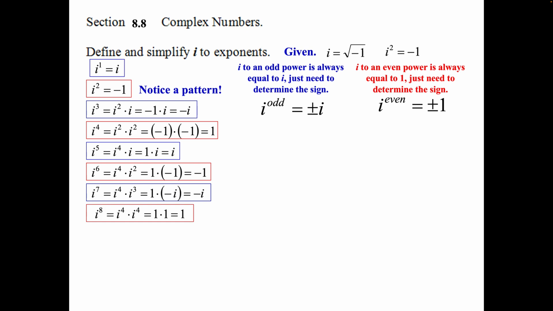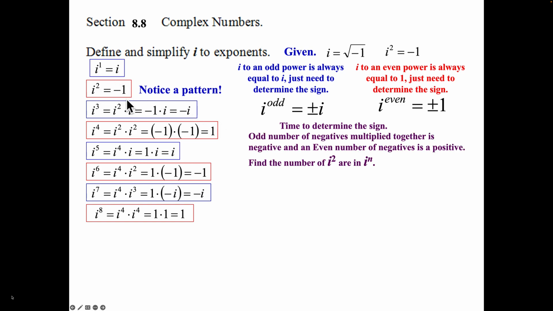Now, determining the sign depends on how many i squareds exist within the power. We know i squared is a -1. If you multiply an odd number of negatives together, you get a negative answer, and if you multiply an even number of negatives, you get a positive answer.